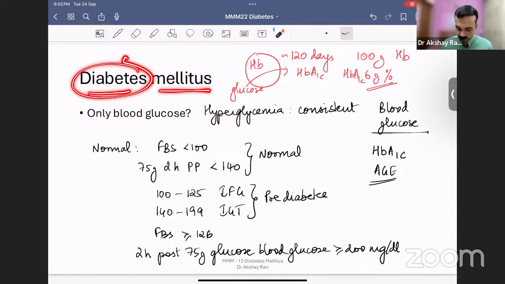Therefore, osmotic diuresis. Mellitus means sweet, so sweet urine. Years ago, Charaka had discovered that people who had diabetes had sweet urine, and that is why ants were attracted to those people's urine. That's how diabetes mellitus has been described even in our ancient history.